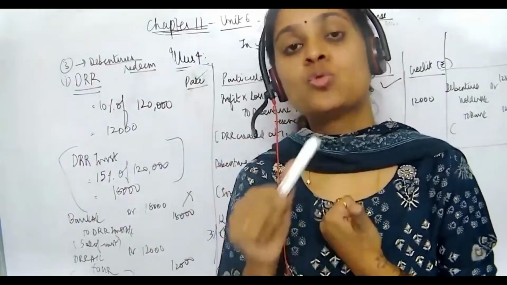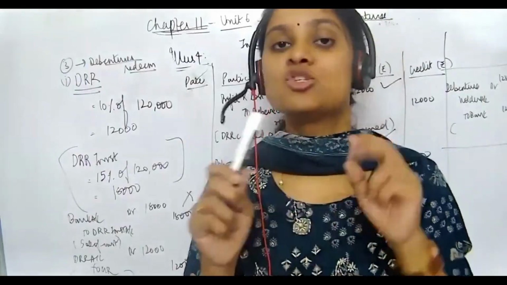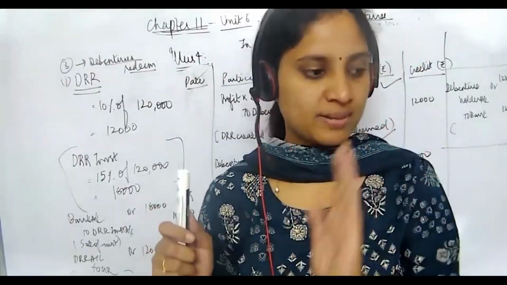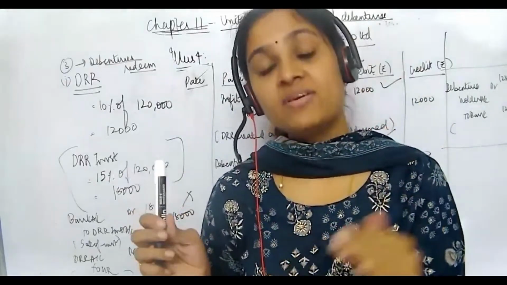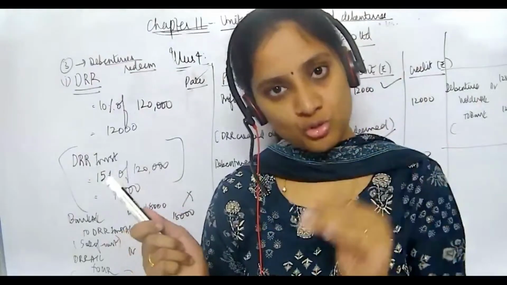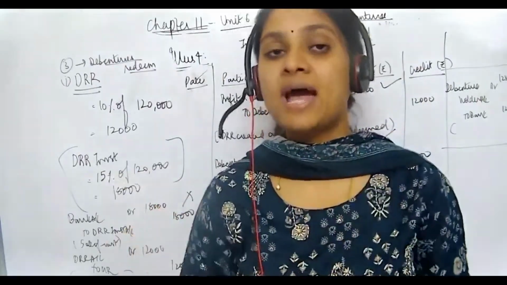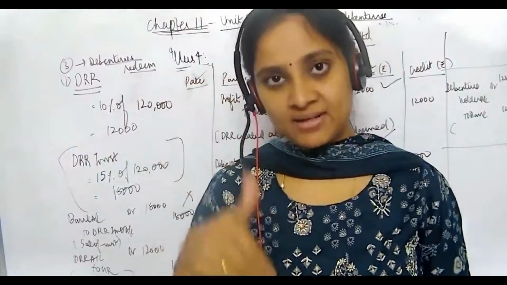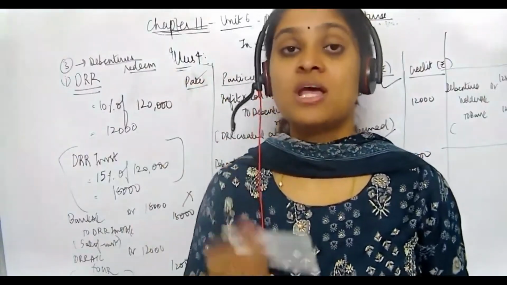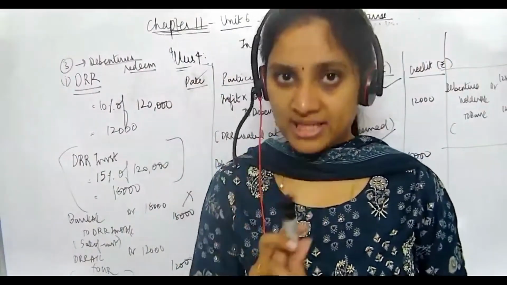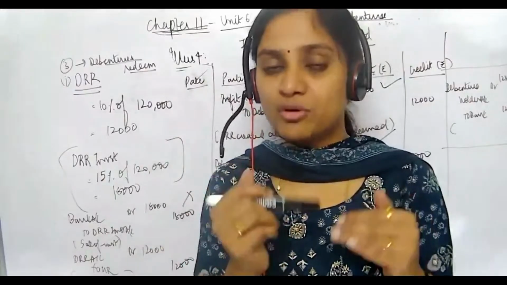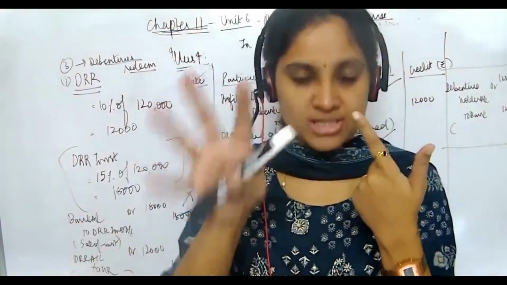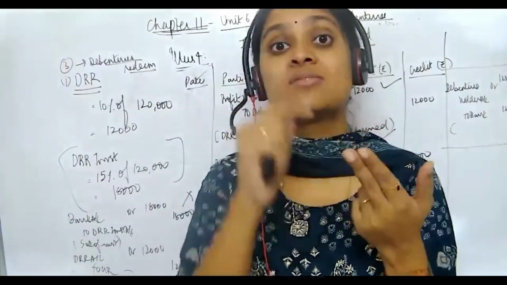Here the rights issue is done at a premium, so we passed two entries: bank account to equity share application, and then equity share application to the equity share capital and the securities premium. Then we went ahead with the bonus issue. In the working note, you have to take care that before the bonus issue, you had a rights issue. So 20,000 existing shares plus the rights issue. This is very, very important.